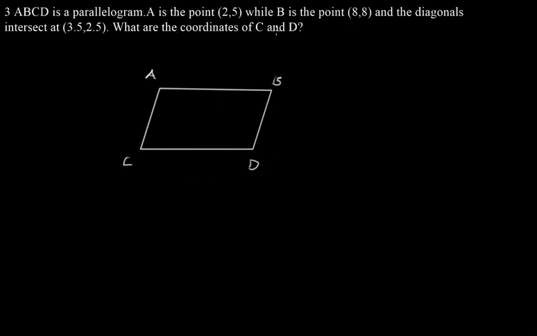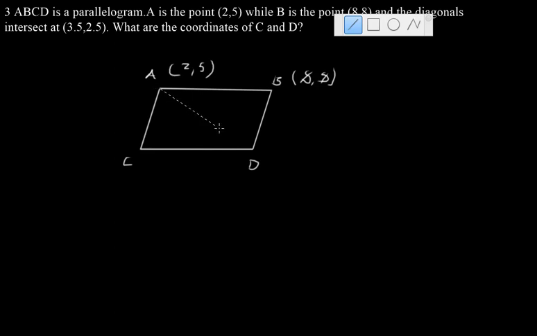We're given the coordinates of A. Coordinates of A are 2, 5, and the coordinates of B are 8, 8. Okay? And what else are we given? We're given the point at which the diagonals intersect. So when we talk of diagonals, we are simply talking of straight lines running from this point to that point.